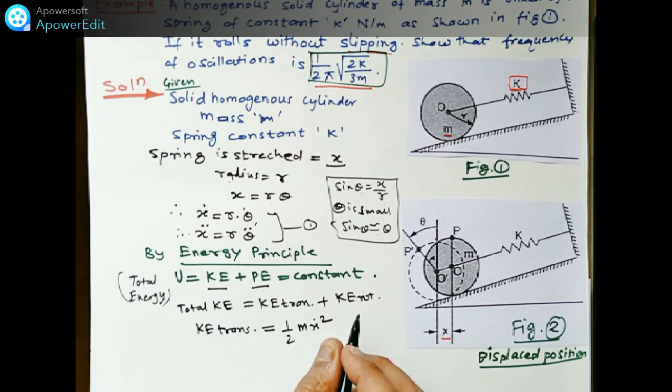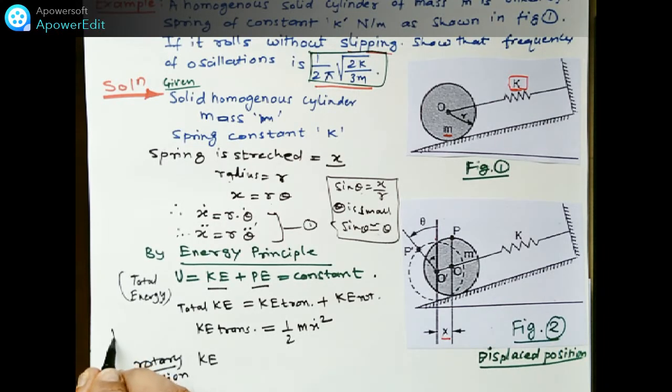Then Ke rotary is for the rotary motion, and this one is for the translatory motion.